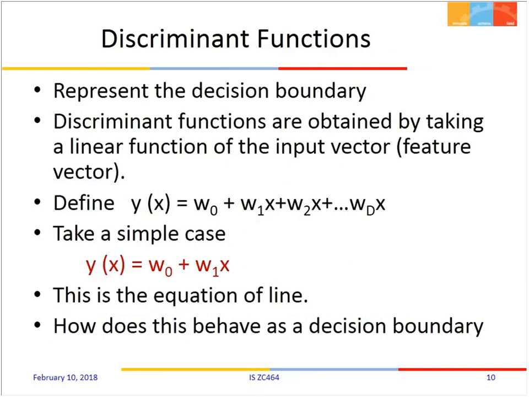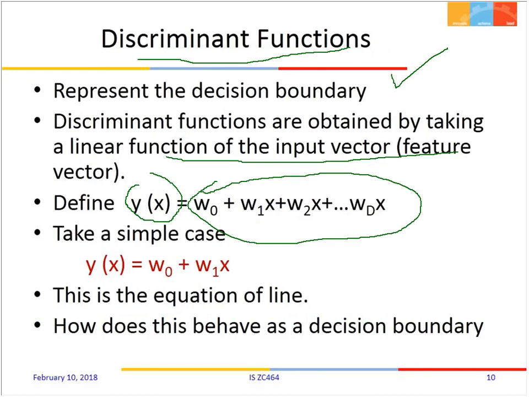Fine. So then we talk about discriminant functions. They represent the decision boundary, and discriminant functions are obtained by taking a linear function of the input vector, the feature vector, and you represent this y(x) as the weighted sum. Basically, this is the equivalent of y equals mx plus c. If you visualize this as a problem in d-dimensional space, try to view it as a problem in two-dimensional space.